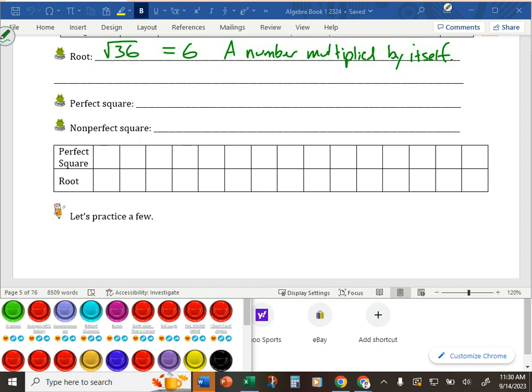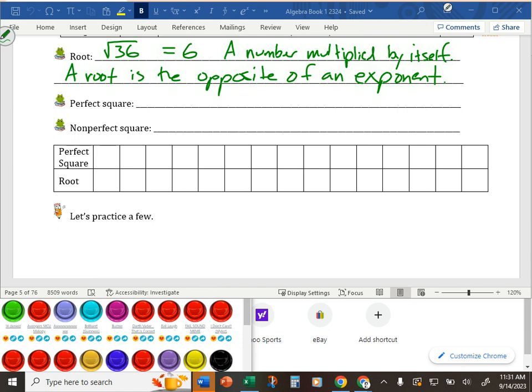A root is the opposite of an exponent. The root is the opposite of a power. It goes in line with explaining why the root of 36 is 6, because 6 squared is 36. The root of 9 is 3, because 3 squared equals 9.